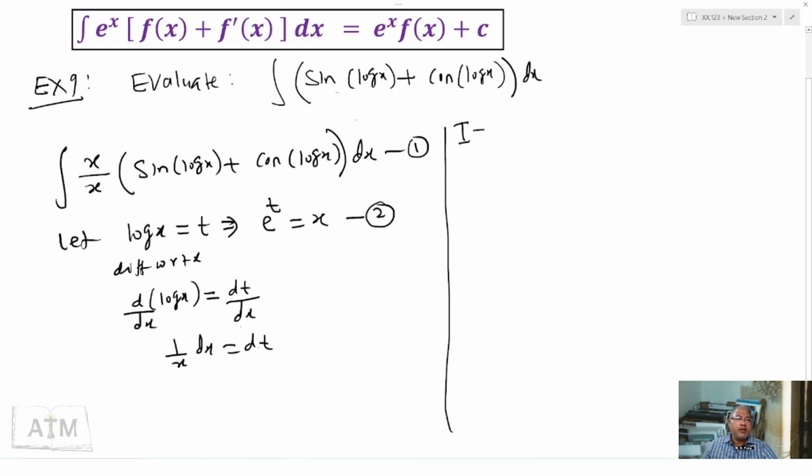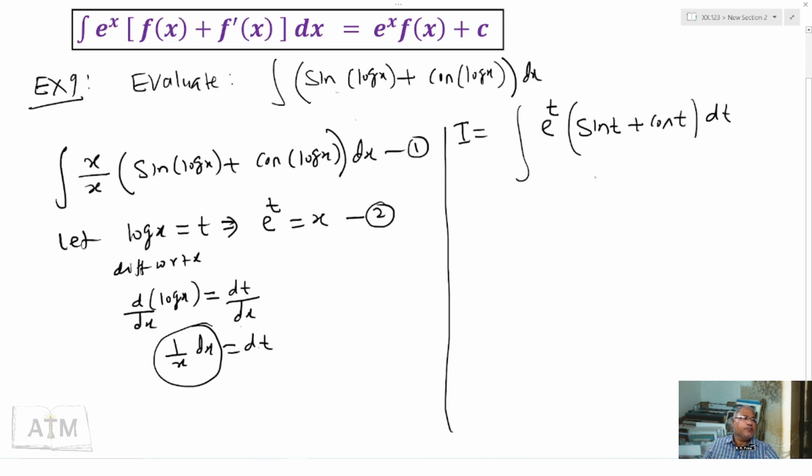Therefore I equals to integration of, in place of this x I can write e raised to t. So e raised to t and 1 upon x dx equals to dt. So write here dt and inside the bracket sine of log x is nothing but sin t, so sin t plus cos t.